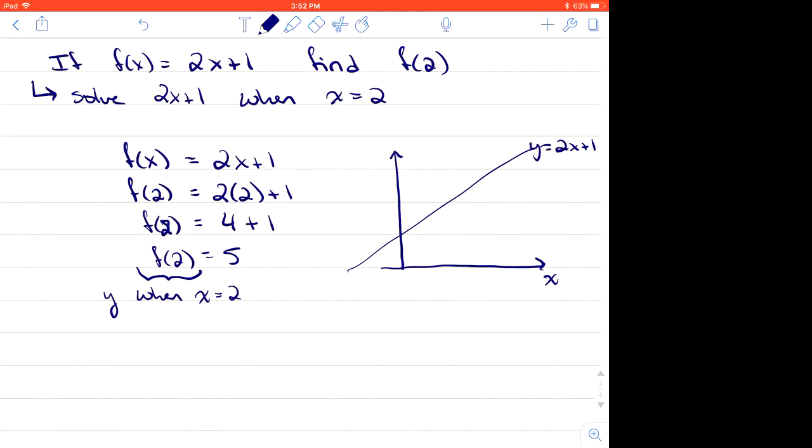And I plug in a value of x equal to 2. If I map it back to my function, it puts me at f of 2, which is 5.